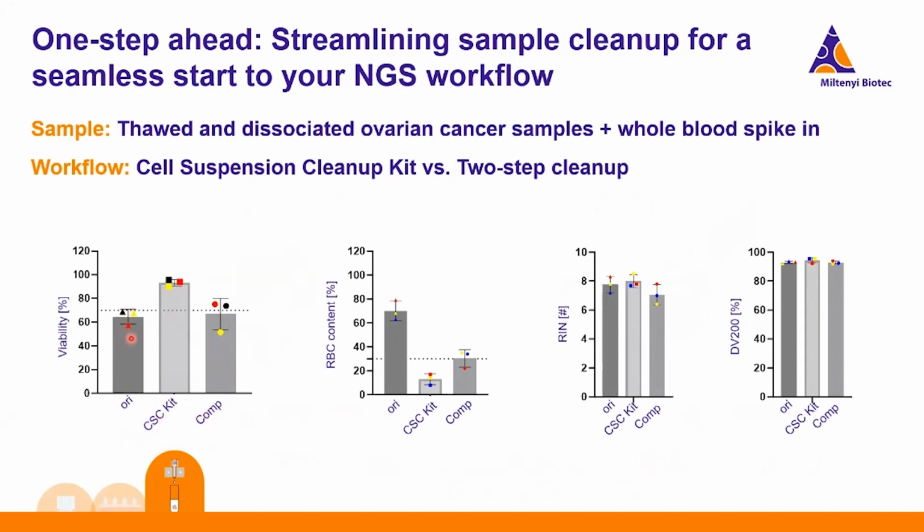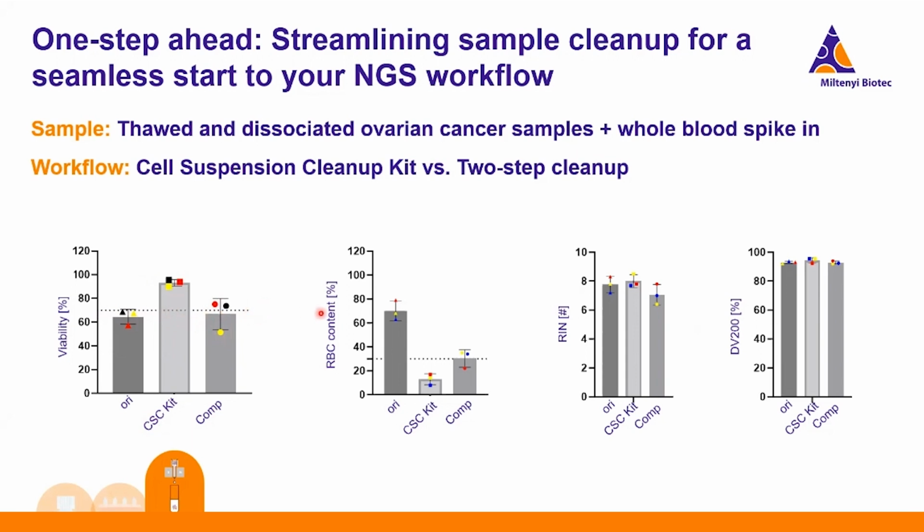As you can see, we have again a quite high and reproducible increase in viability when using the cell suspension cleanup kit, whereas with this 2-step procedure, we were only able in 2 out of 3 cases to just surpass the 70% viability threshold, which is given by 10x.